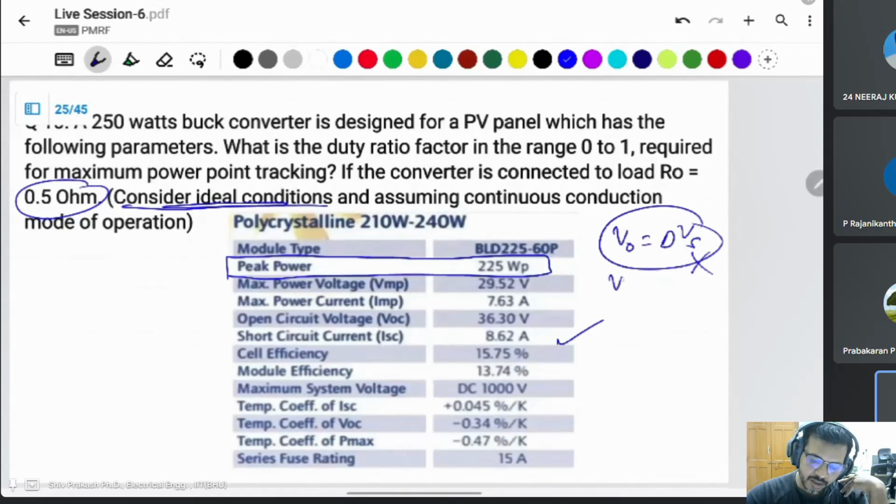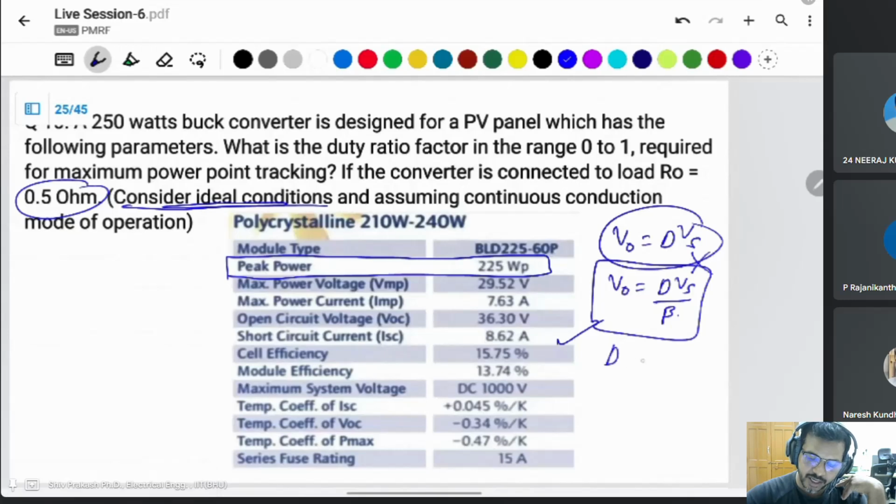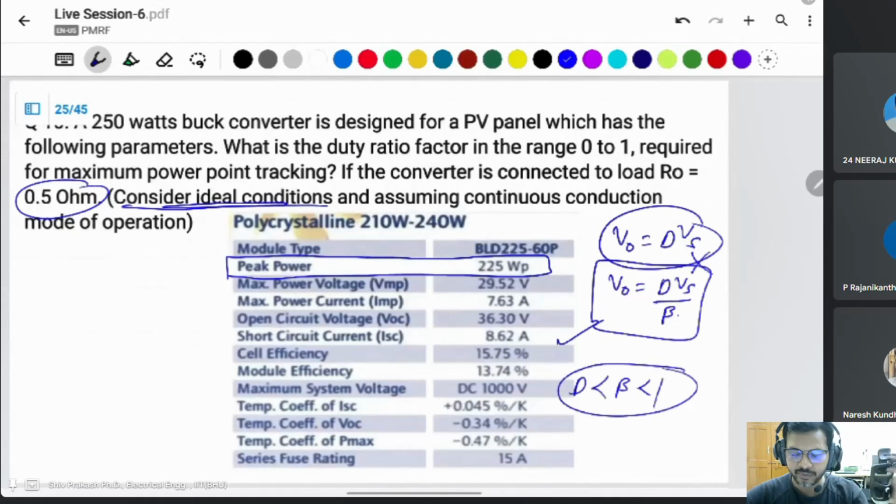For the buck converter, in discontinuous mode, the output will be Vs divided by beta, where beta is greater than the duty cycle and less than 1. So the output voltage is more than in continuous conduction mode, for the buck converter and any converter.